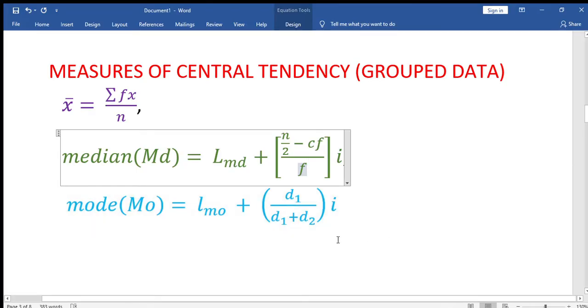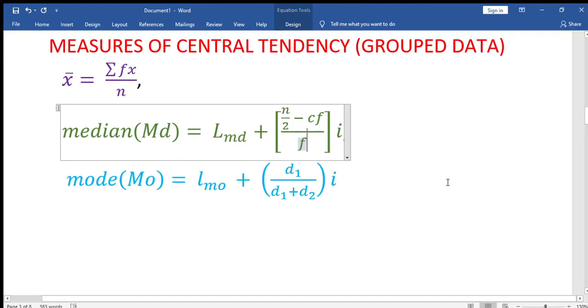Then d sub 2 is the difference between the highest frequency and the succeeding frequency. Then i is your class interval or class width. You can appreciate the values of these formulas if we undertake an example.